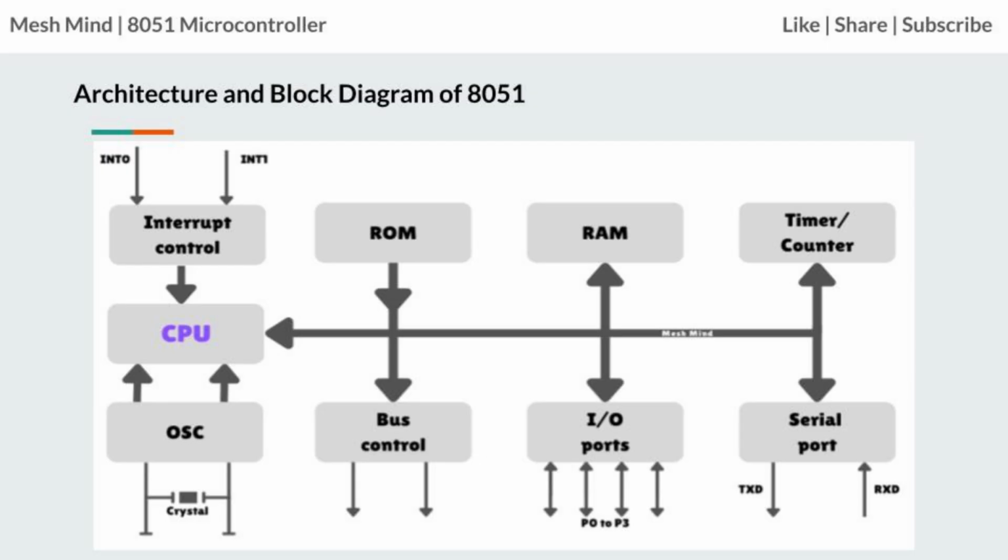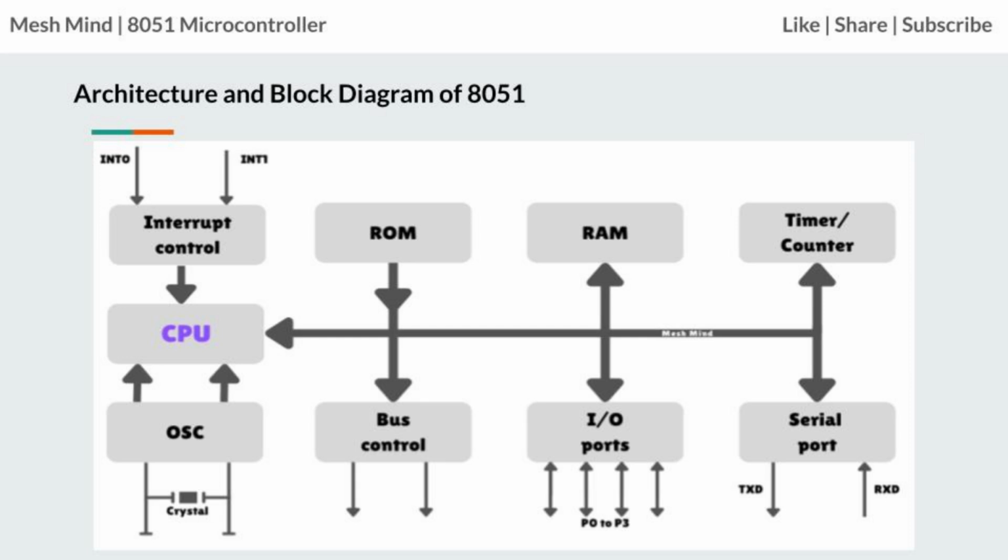Then, architecture and block diagram of the 8051. The internal architecture of the 8051 microcontroller includes several important blocks. At the center, we have the CPU, which controls all operations. It connects to the program memory ROM and data memory RAM.